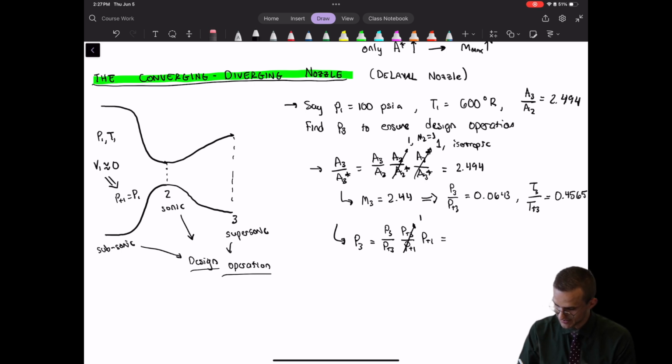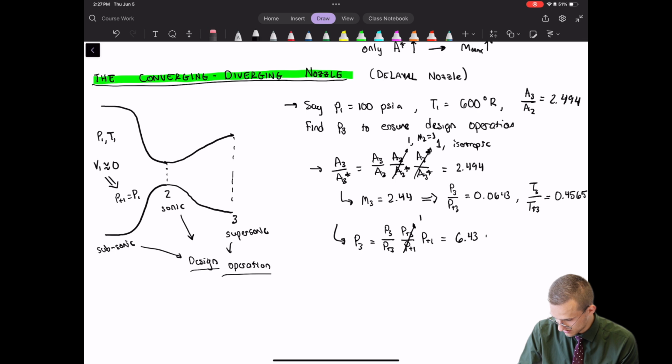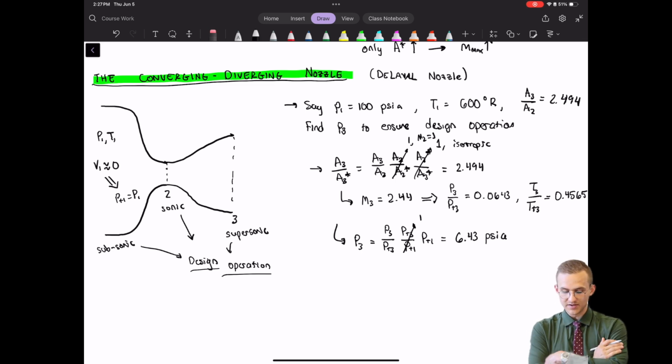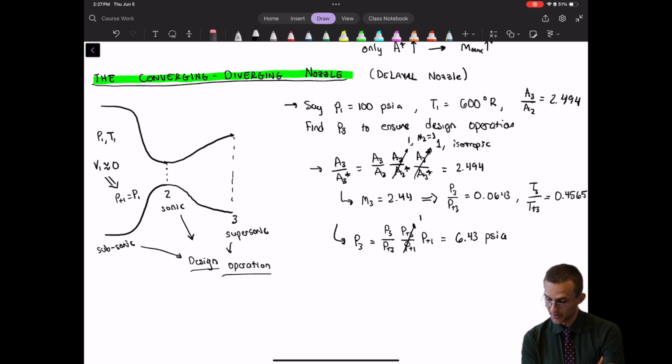And that allows us to write that P3 is equal to 6.43 psi. So that's what you have to lower the back pressure, the receiver pressure, to reach your design operation.